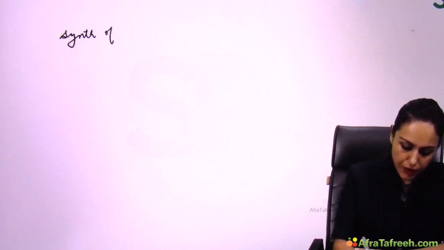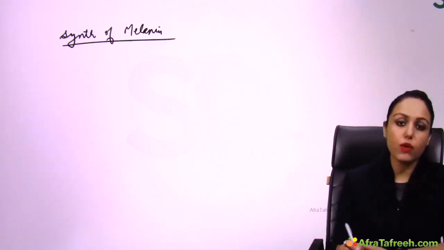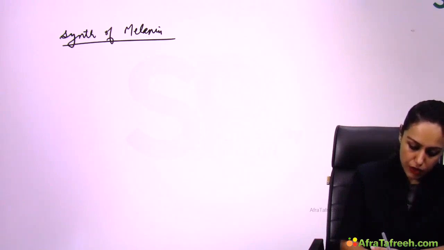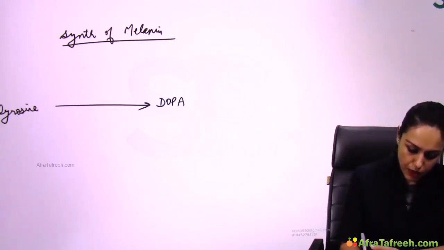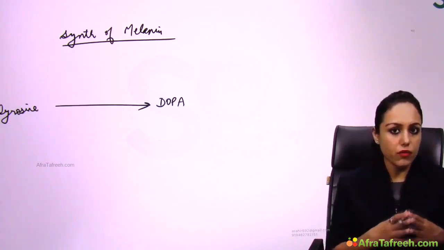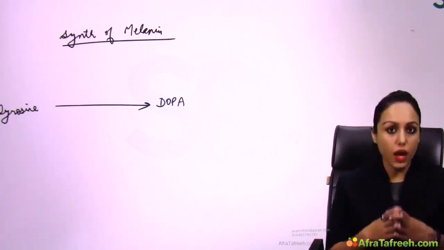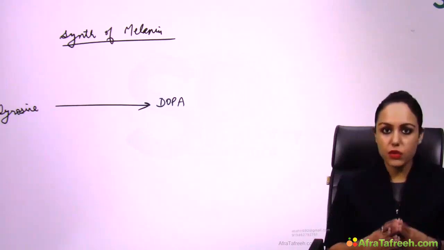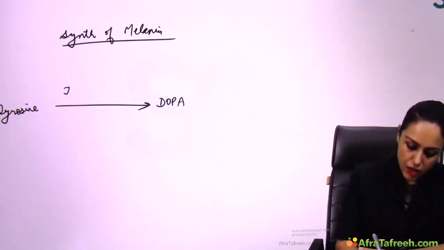Now the third function of tyrosine is synthesis of melanin, the pigment melanin. Let's see how it is synthesized. The amino acid tyrosine gets converted to dopa. Earlier the enzyme from tyrosine to dopa was tyrosine hydroxylase, but now the enzyme is not tyrosine hydroxylase, the enzyme is tyrosinase.